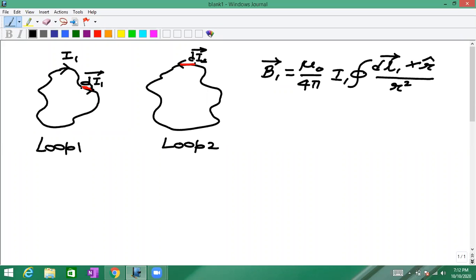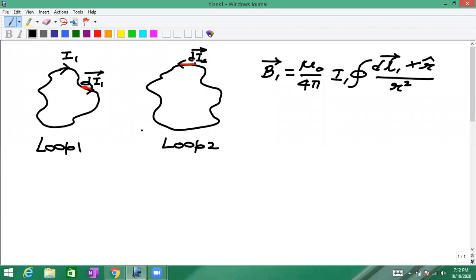So due to the current element, the magnetic field at loop 2, which is at a distance r from loop 1, is mu naught by 4 pi I1 multiplied by dl1 vector cross r cap divided by r square. That is the magnetic field due to the current element only.